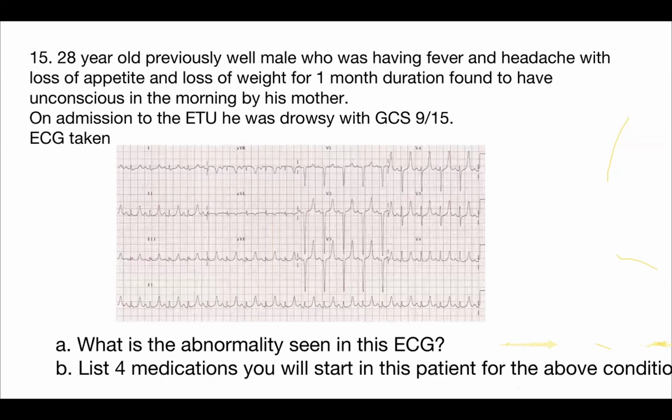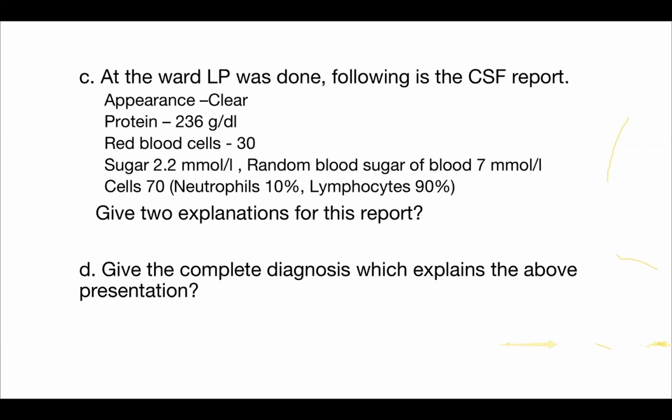If you see the history, very good, it is a subacute meningitis-like picture. So this can well be TB meningitis. What else? Fungal meningitis. Yes? Fungal, viral meningitis. Yes, so this can be partially treated herpes meningoencephalitis also, isn't it?